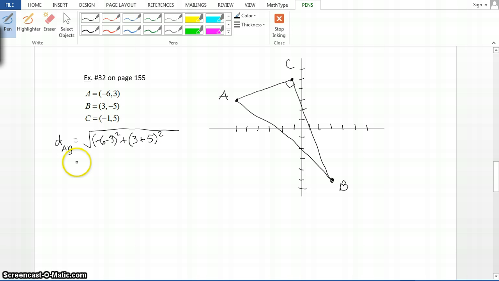I need to square that. Right, let's see what we get. This is a negative 9. If I square it, it is 81. And 8 squared is 64. So that is 145. Alright, 145.